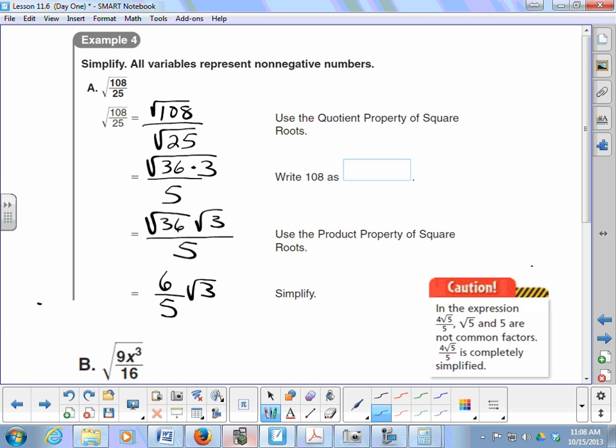Either way, does not matter. Totally up to you. But you're looking, okay, what is not a perfect square? Find the largest perfect square that goes into that number, okay, and simplify it.